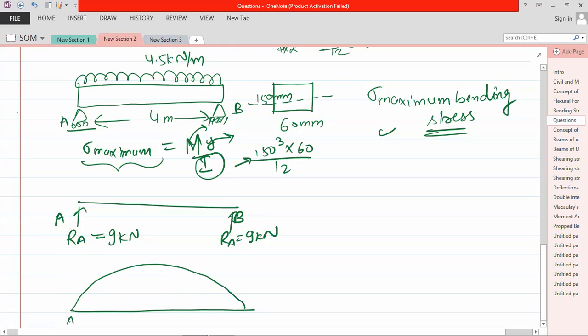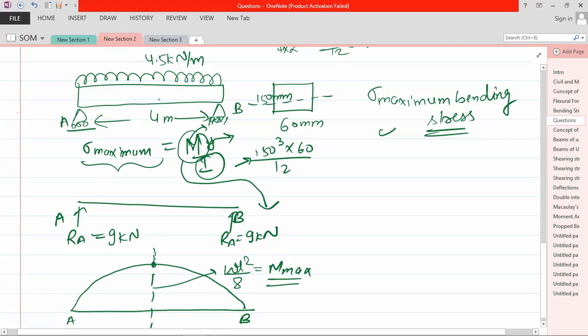This is point A and this is point B. From the bending moment diagram, you can see that the maximum bending moment occurs at the center, and its value is wL square by 8. Okay, this is small w. This is the maximum bending moment. So the first part needs to be clear: the location of the maximum M is at the center.